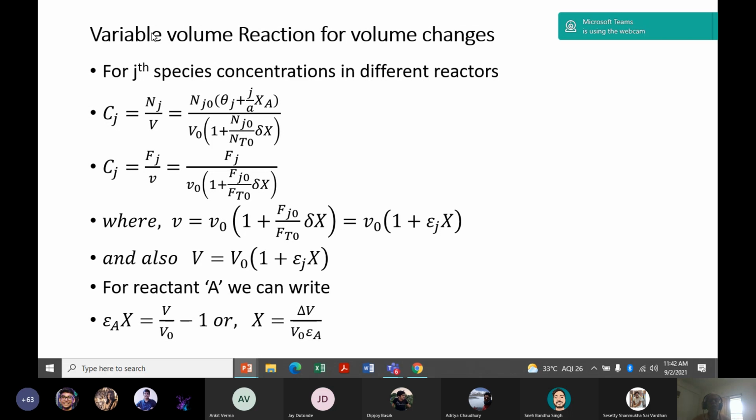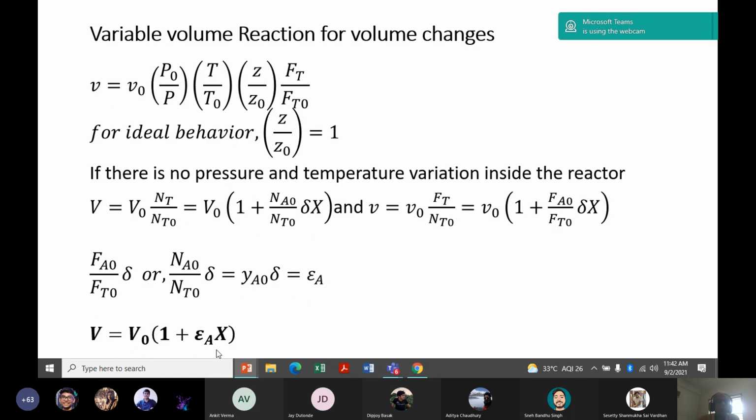So variable volume reaction for volume changes for jth species. Now as V is not constant, we can substitute the volume V0 taking the expression V0 (1 plus epsilon A XA) or V0 (1 plus Na0 by Nt0 delta X).